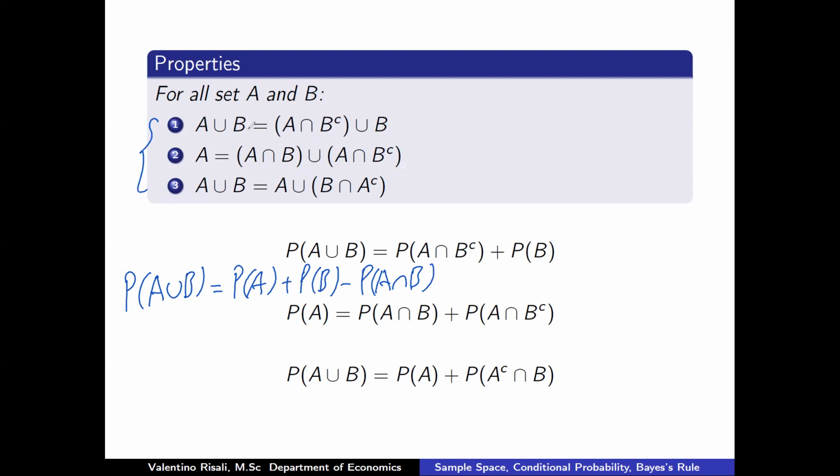That is, A union B is the union of these sets, and you can analyze it with a Venn diagram, where every pair of these is mutually exclusive. So we will get these three equations, and then you can use these three equations to produce this equation.